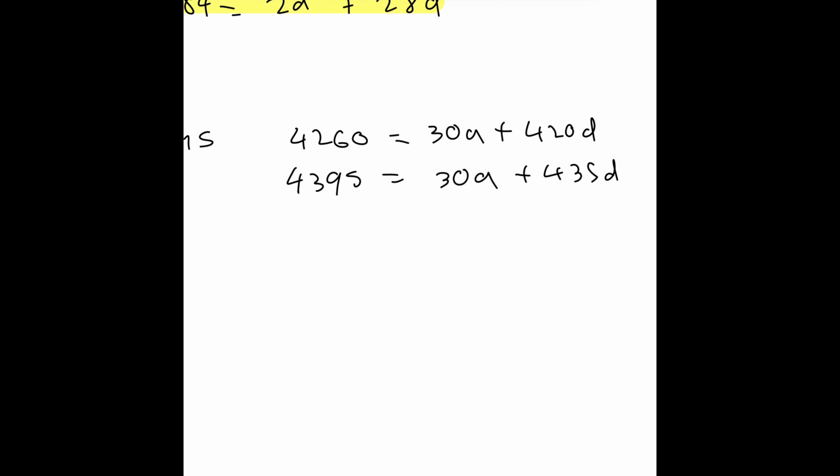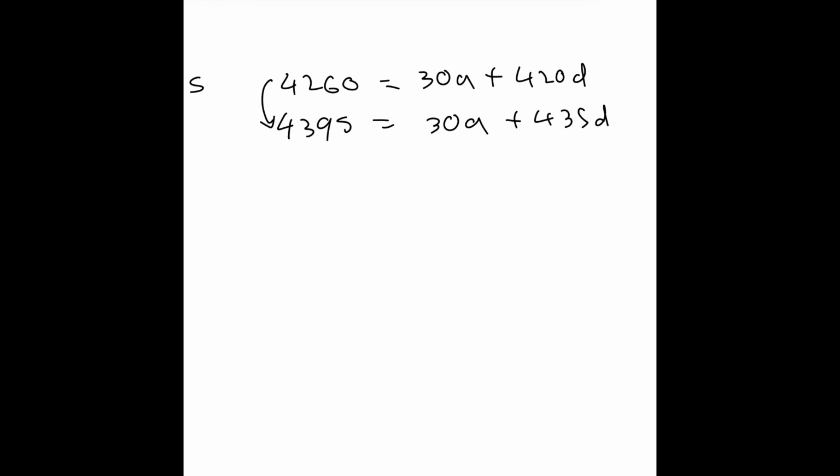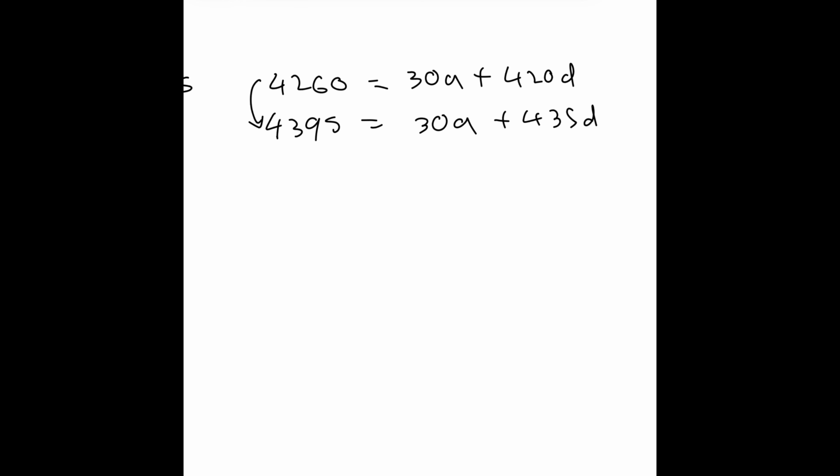I don't really want a negative, so let's subtract this from this. 4,395 subtracted by 4,260 is going to be 135, which equals 30a minus 30a, which is 0, plus 435d minus 420d, which is 15d.